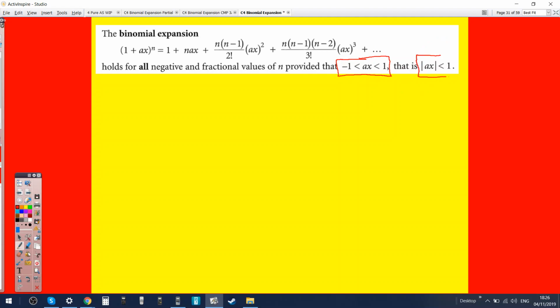But I don't know if that's something else. That's something else. Okay. This form of binomial expansion holds for all negative and fractional values of n, provided that ax is between 1 and minus 1. Or the magnitude of ax is less than 1.